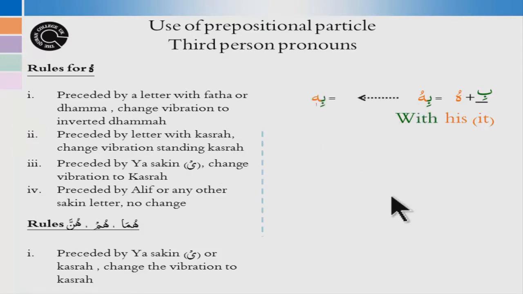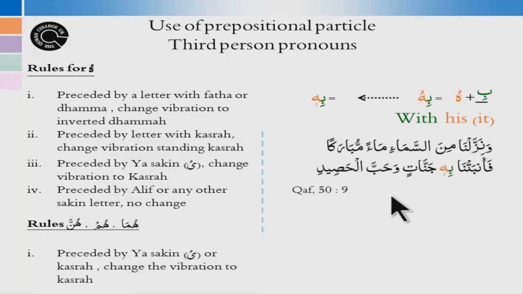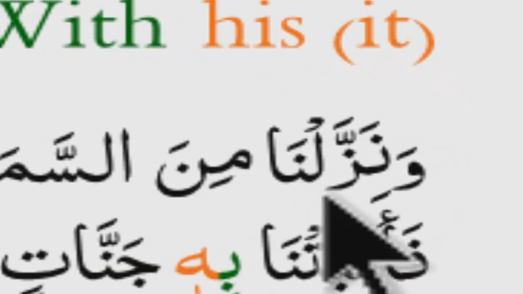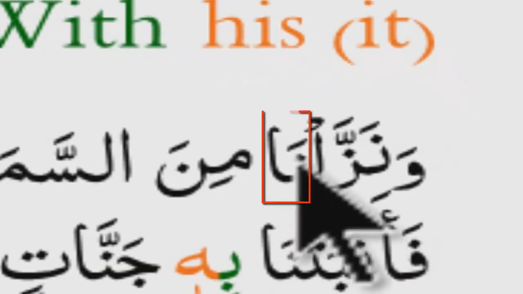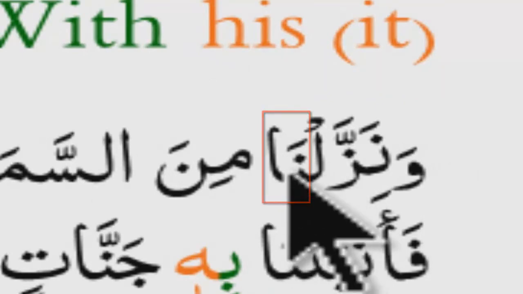And the example of the bihi is from Surah Qaf, chapter number 50, verse number 9, where it says: وَنَزَّلْنَا مِنَ السَّمَاءِ مَاءً مُبَارَكًا فَأَنبَتْنَا بِهِ جَنَّاتٍ وَحَبَّ الْحَصِيدِ. وَنَزَّلْنَا, that is we: whenever you see that noon fatha with alif, na, that means we.